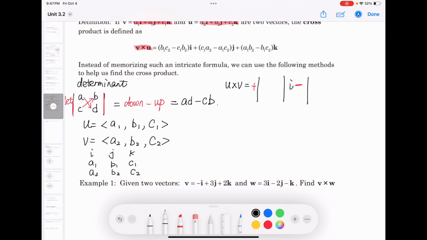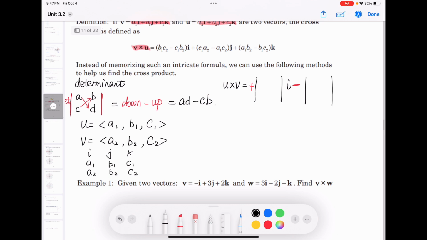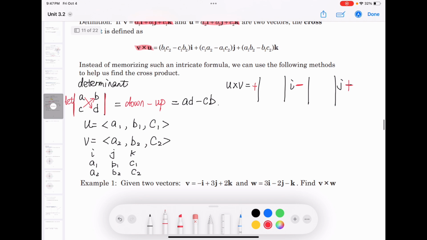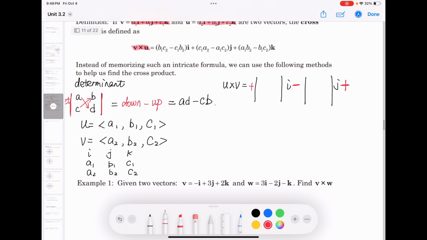Minus the determinant of a square matrix multiplied by J. Then plus. So the next one is plus. We're going to have alternating signs. So positive, negative, and another determinant multiplied by K. So what should I put inside of this determinant sign?